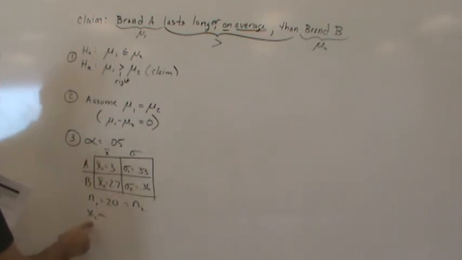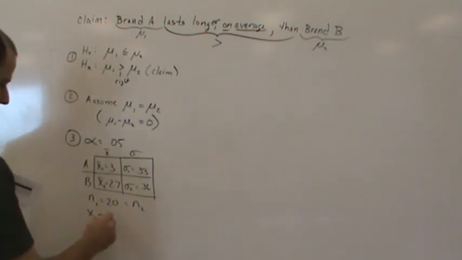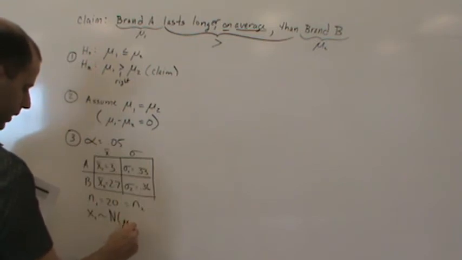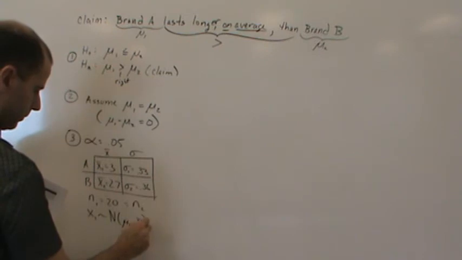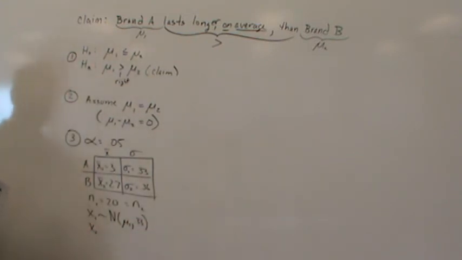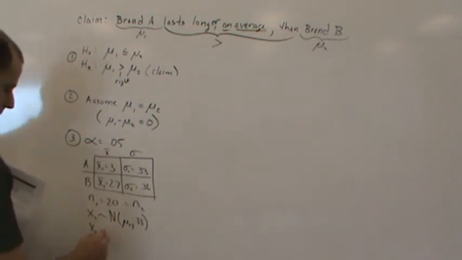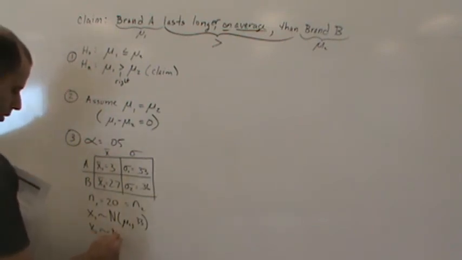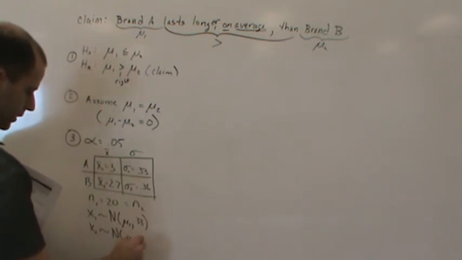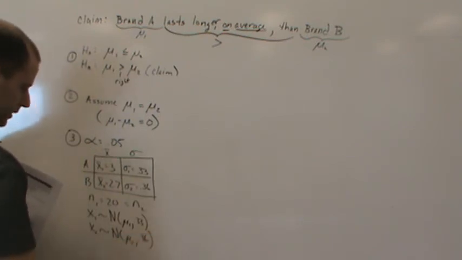x1, the distribution of lasting times for wax A, was normal, with mean mu1 and standard deviation of 0.33. And they also tell us that the distribution of lasting times for brand B is also normally distributed with a mean of mu2 and a standard deviation of 0.36.